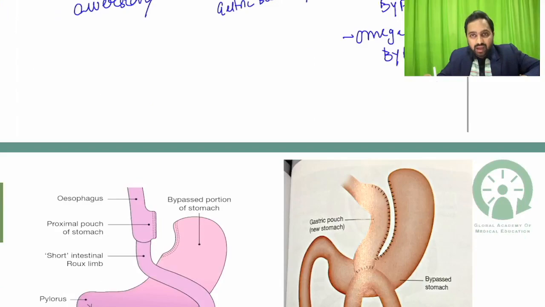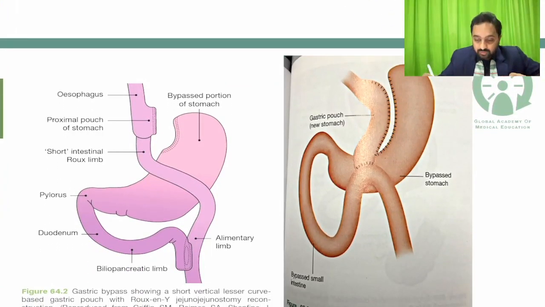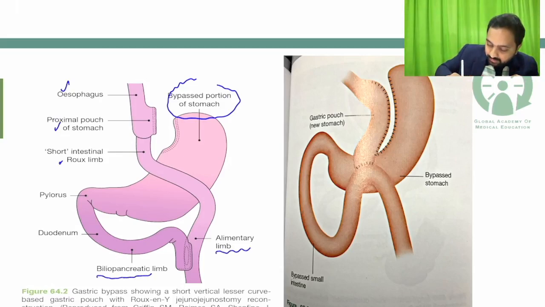So in this we have a gastric bypass, right? If you see, this is the bypass portion of the stomach, the esophagus, the proximal pouch of the stomach, and it is a short intestinal limb, pylorus, duodenum, the biliopancreatic limb, and the alimentary limb.